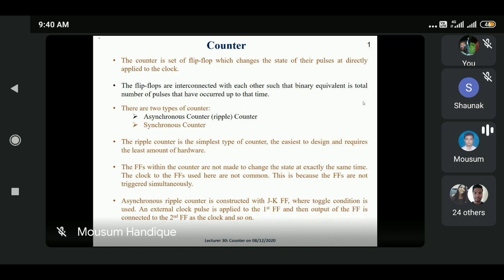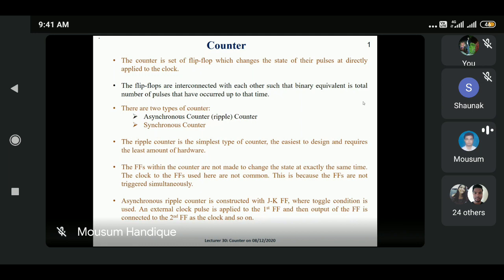Suppose we apply 4 clock pulses; then the binary count is equivalent to the timing signal. Suppose we use 3 clock pulses; then the flip-flops provide 0, 1, 1. If we provide 4 clock pulses, the flip-flops show the output 1, 0, 0, something like that.